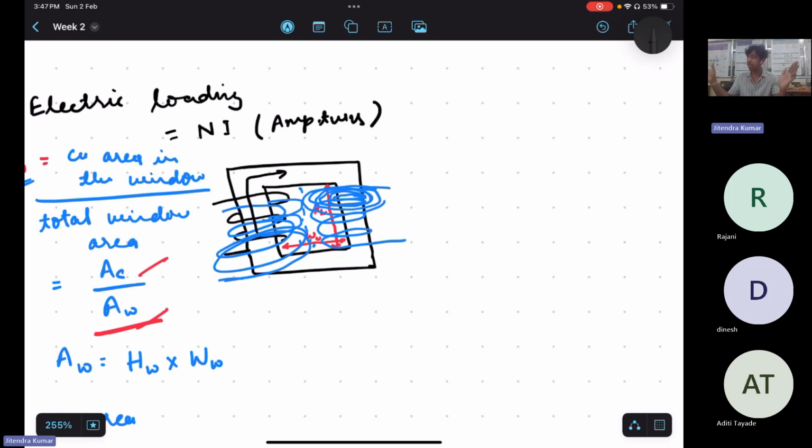If you are building for 10 mm of lamination, you could have approximately 20-30 laminations there. So it should not be a solid core. It should have a certain number of laminations to avoid this phenomenon of eddy current.